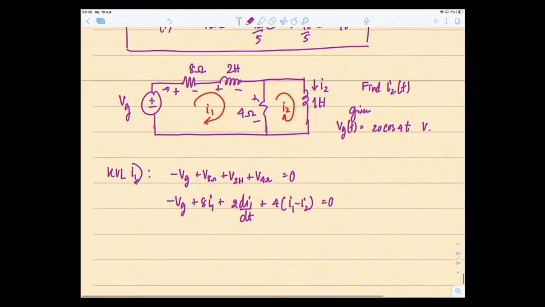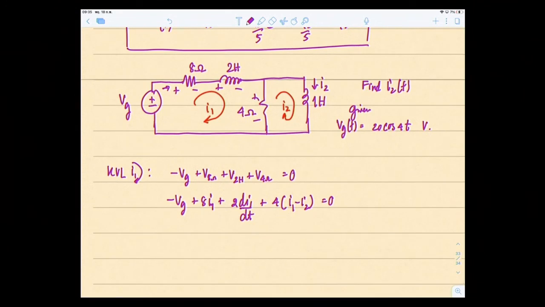Rearranging, you get 2 di1/dt plus 12I1, since 8 plus 4 is 12, minus 4I2 equal to VG. So this is equation number 1 that we get from mesh I1.